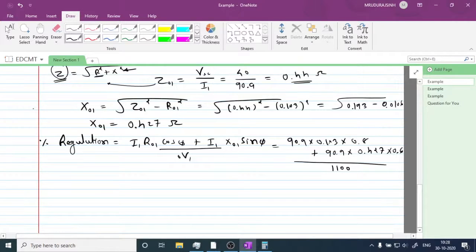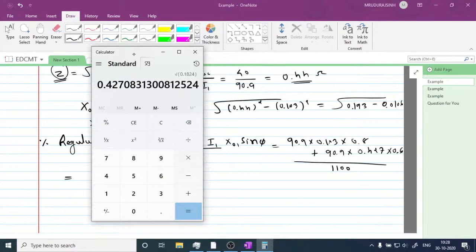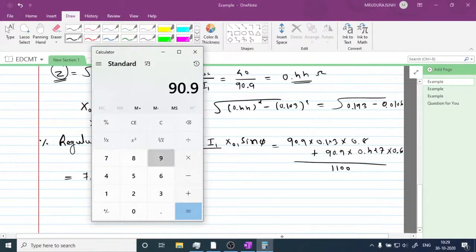So let's solve this thing in small steps. First we'll calculate 90.9 multiplied by 0.103 multiplied by 0.8, and that gives us 7.49. So we'll take it as 7.5. Plus 90.9 multiplied by 0.427 multiplied by 0.6 gives us 23.288.